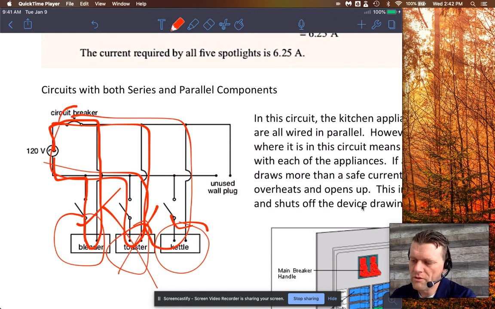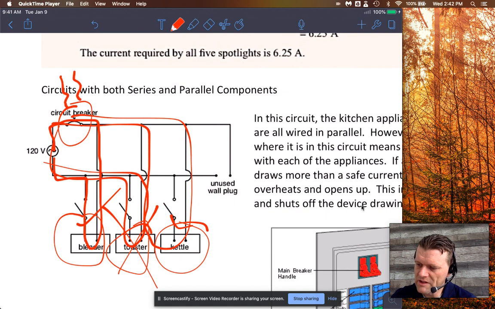But they all go through that circuit breaker. And as I understand it, the safety rating is about 15 amps. So if more than 15 amps is trying to get through the circuit for whatever reason, then it overheats.